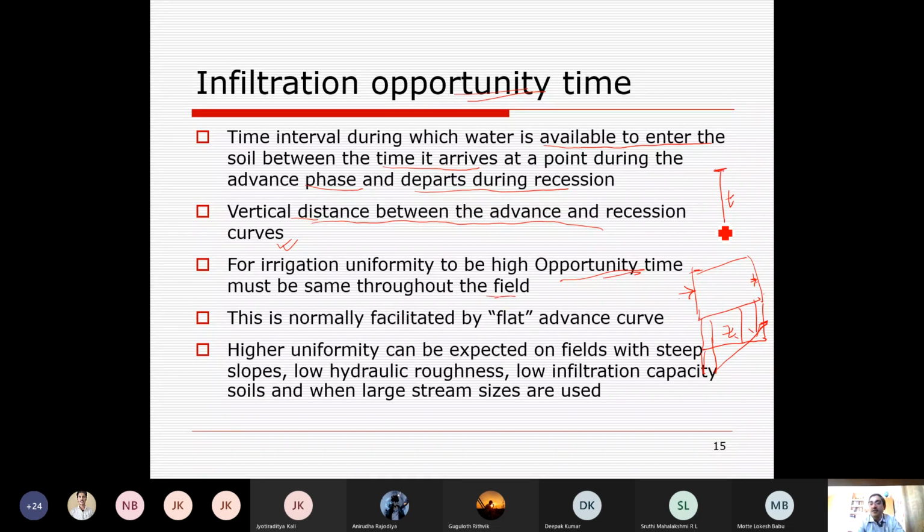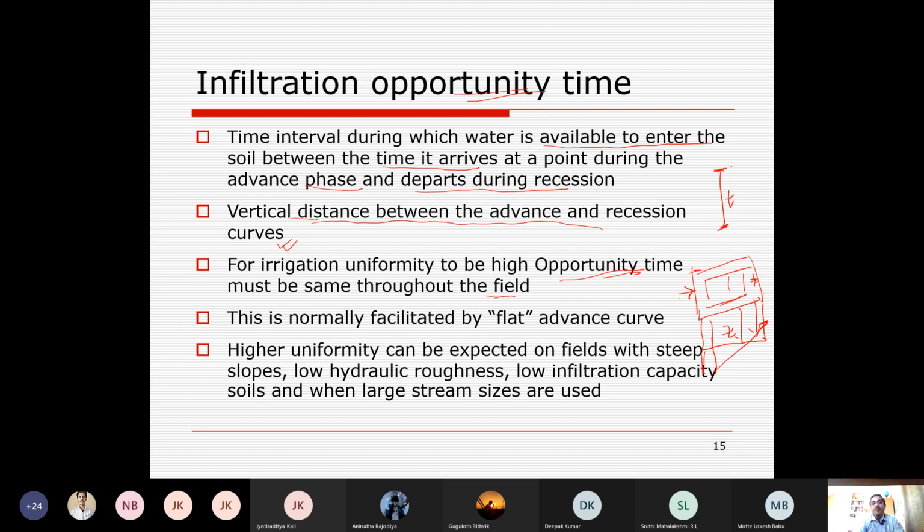Opportunity time means the difference between advance and depletion, and it must be equal everywhere in the field. That is our target, to get the maximum or best possible uniformity.